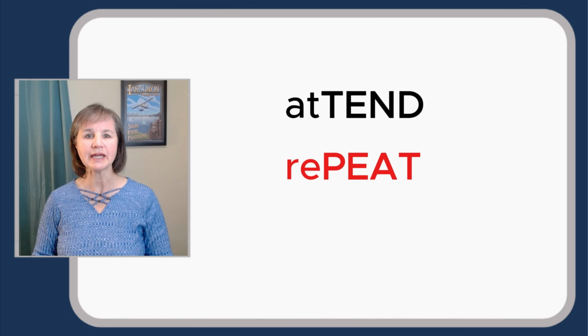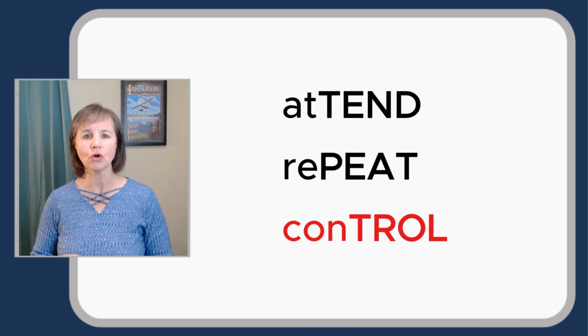Two-syllable verbs tend to have the opposite pattern. About 60% of two-syllable verbs are stressed on the second syllable. For example, attend, repeat, control. But some very common verbs stress the first syllable.